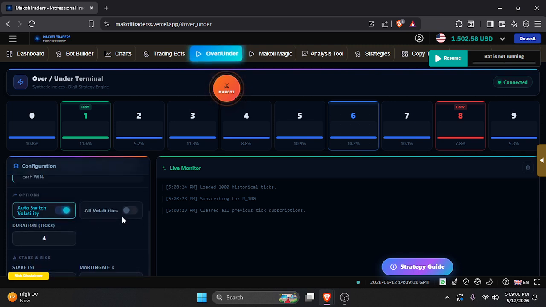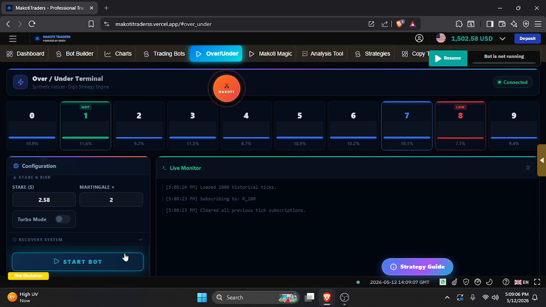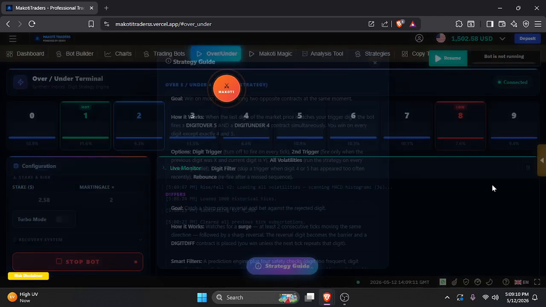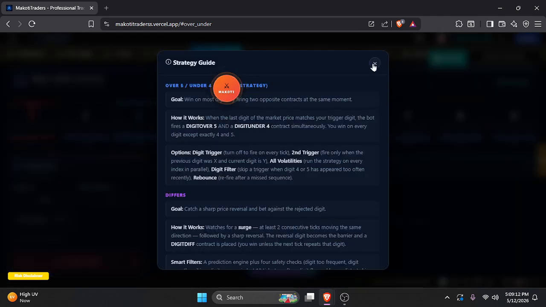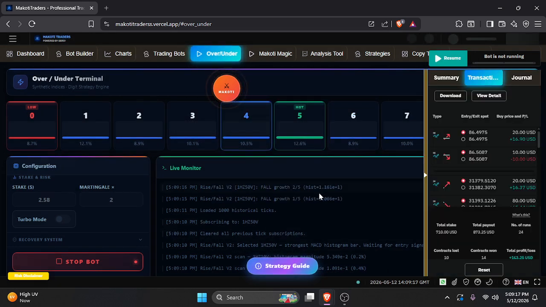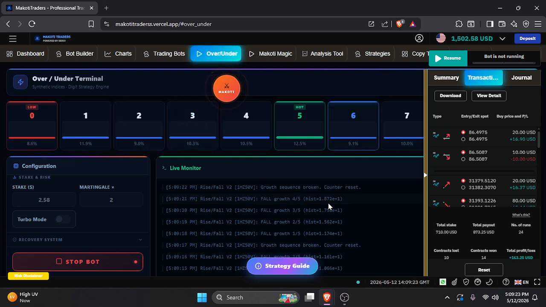So this is the rise and fall automated one. It scans volatility for you. Just hit analyze, then it will start analyzing. Then it has chosen the best volatility, and let's wait for the first trade.